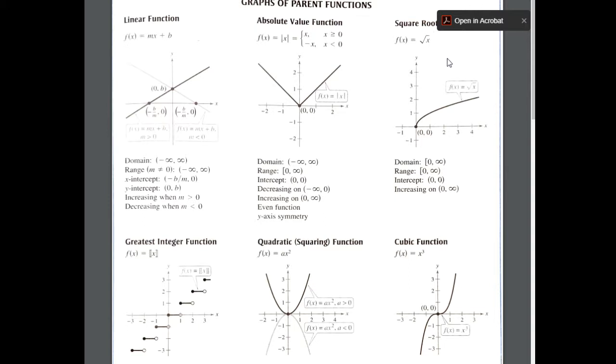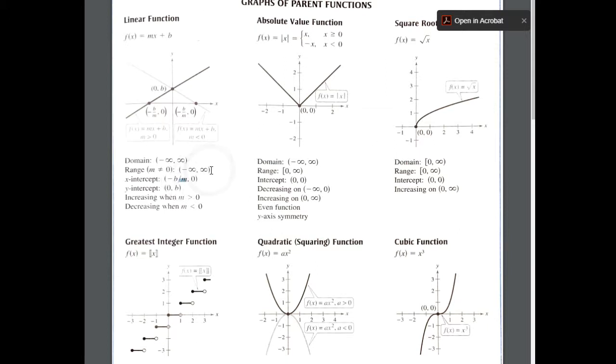Things that you need to know about linear functions: there is no input that doesn't work. This is really interesting. Do you guys see my mouse over the domain right now? So the domain right here, make sure you know that everything works for the inputs.